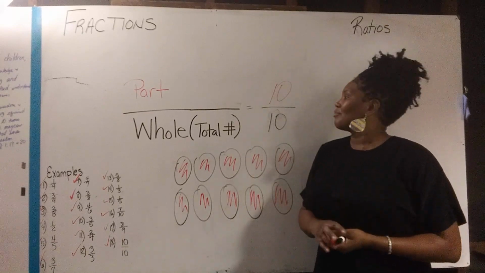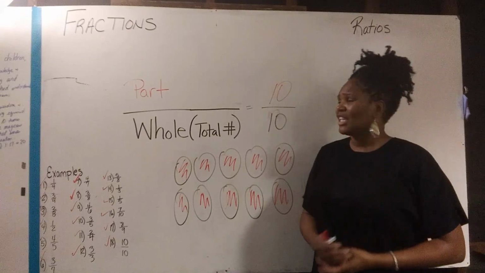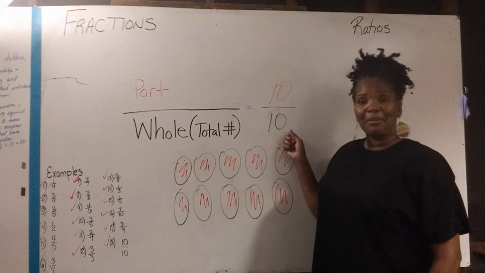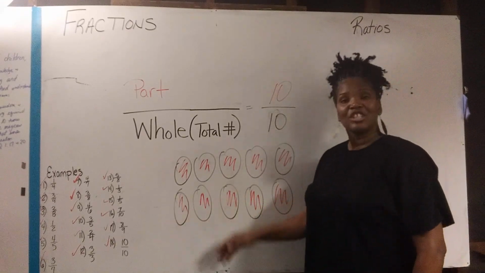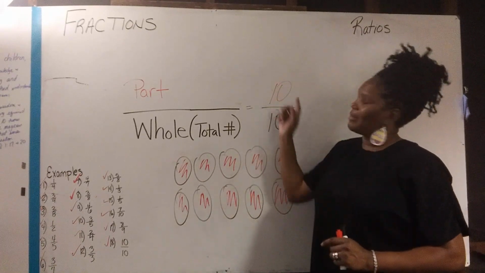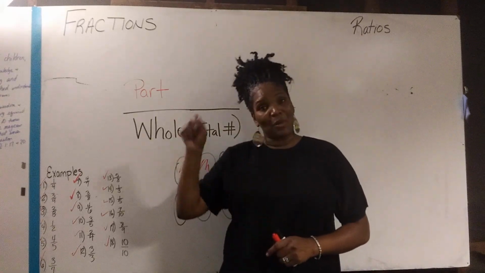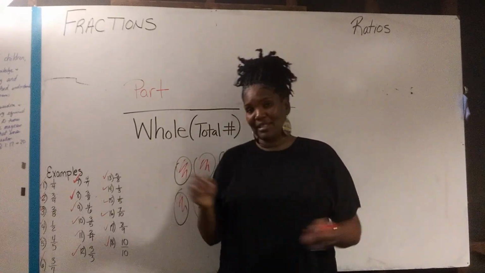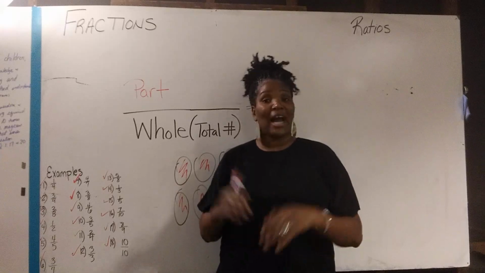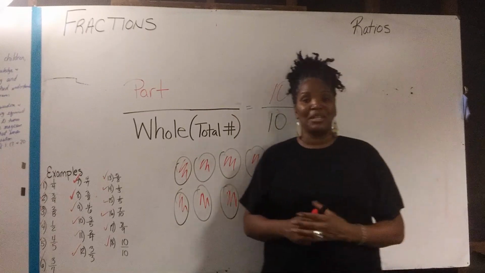So anytime you're doing fractions, just know that the number at the bottom tells you how many circles or squares or whatever objects you're going to have. And the number at the top tells you how many are going to be colored, or how many we're going to put polka dots or smiley faces in, however you want to decorate them. The number at the top tells me how many are going to be decorated.